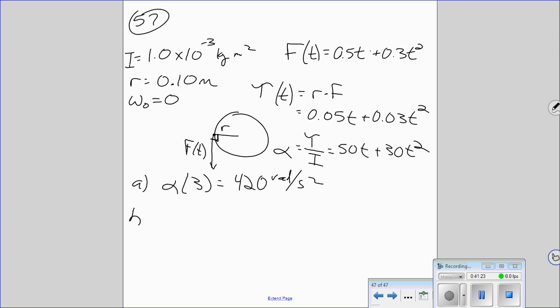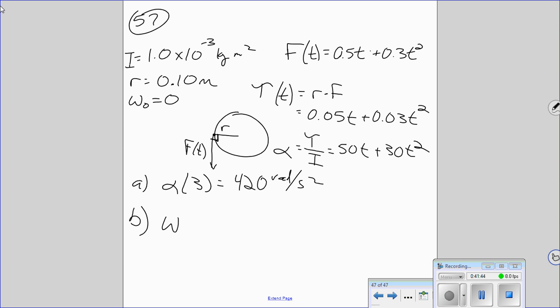Okay, so for part B, we got to find our angular velocity, right? I'm just trying to think about notation, how I want to write this. So, what's the connection again between acceleration and velocity? We gotta integrate.